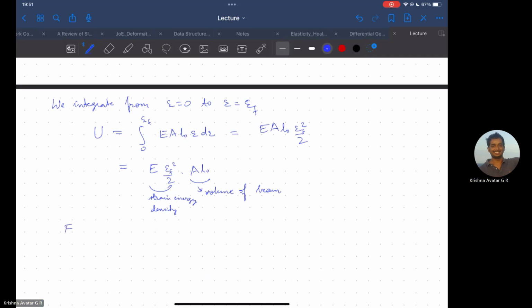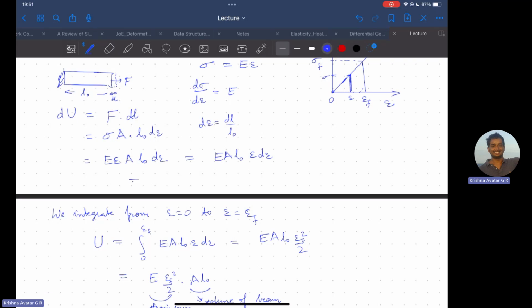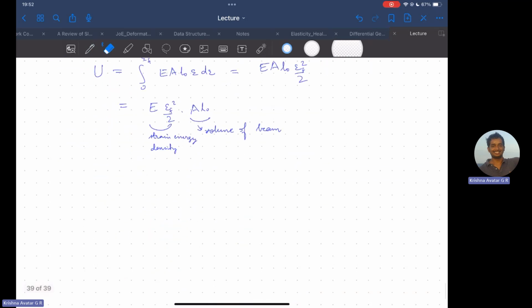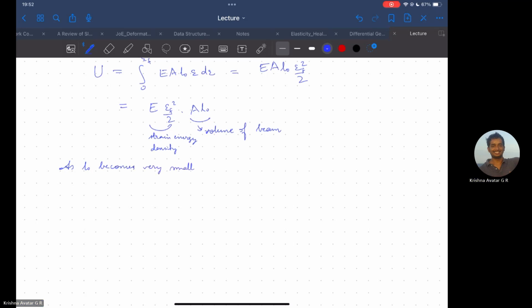Now for L naught very small, as L naught becomes very small, we can have L naught tending to some dx, and because of which even U becomes some sort of a du.